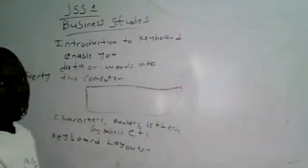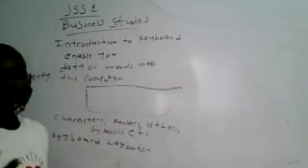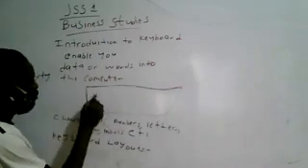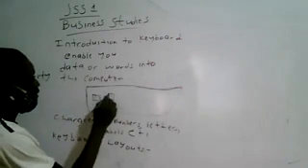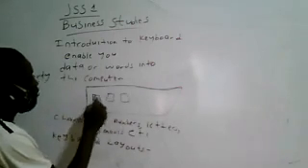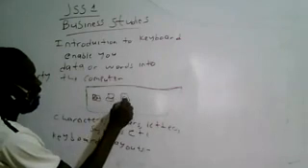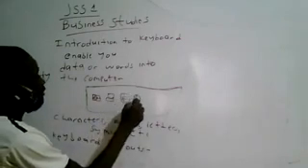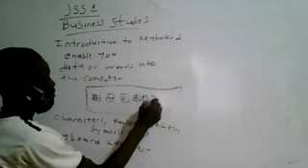Now, in a QWERTY keyboard, you will see the keys arranged like this. You see Q here, W here, E here, R here, T here, and Y here.